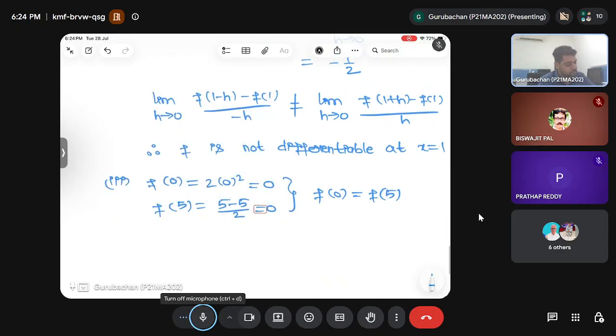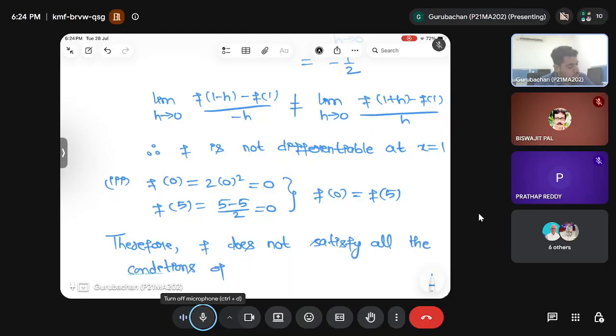Therefore, f does not satisfy all the conditions of Rolle's theorem.